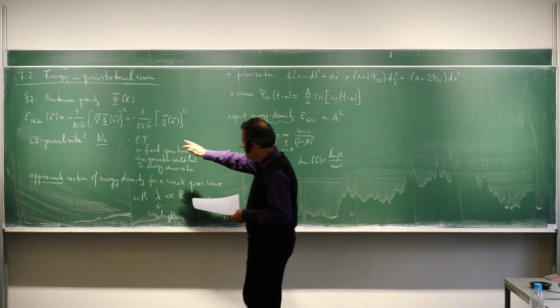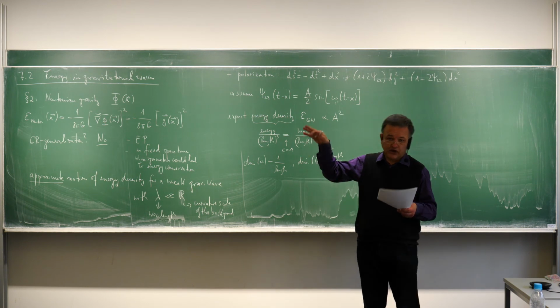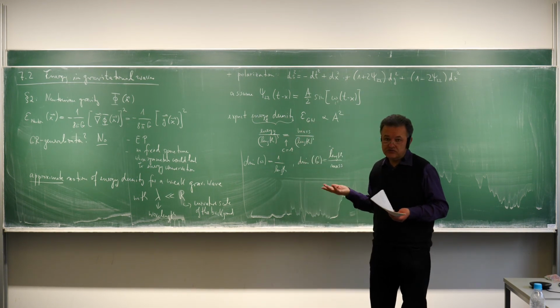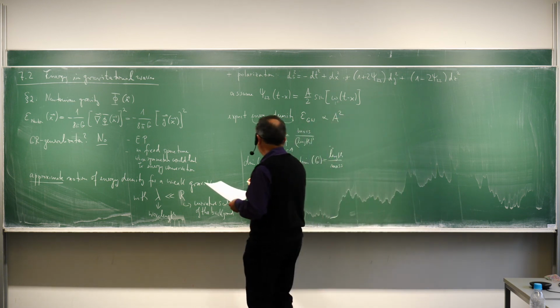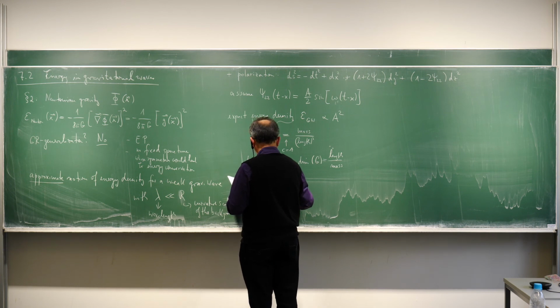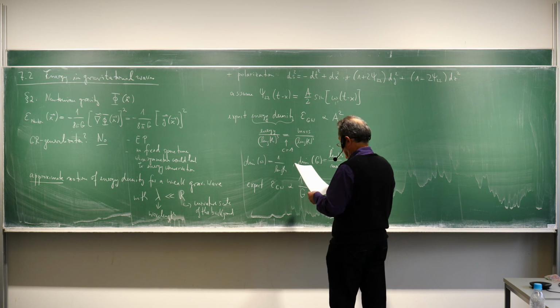Now, from this at least we would expect, and also from the Einstein-Hilbert action, which has a 1 over G in front of it, that epsilon is proportional to 1 over G, which is mass over length.